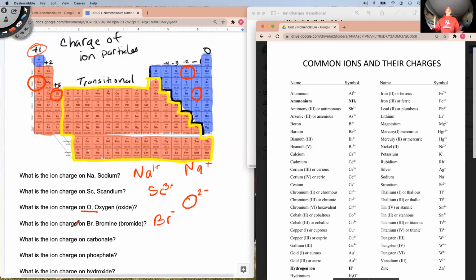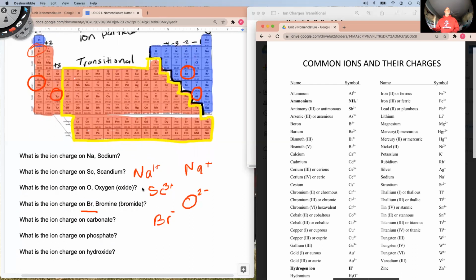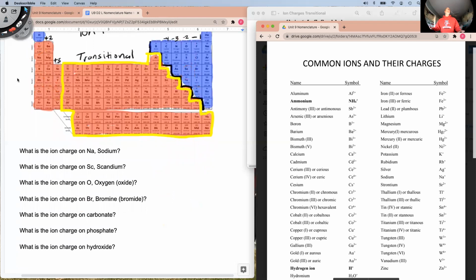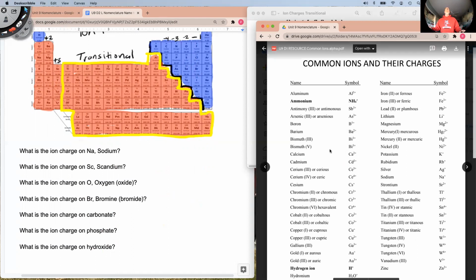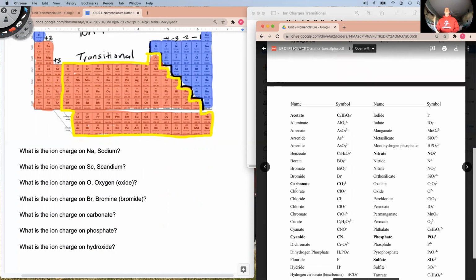So let's continue. What is the charge now on a carbonate? Well, carbonate is not on the periodic table. Neither is hydroxide, which is no element. We can find those on the polyatomic ion sheet. You might not know whether it's positive or negative, so I'm giving you the name, and we can look, and it's not there. So let's scroll on down and take a look.